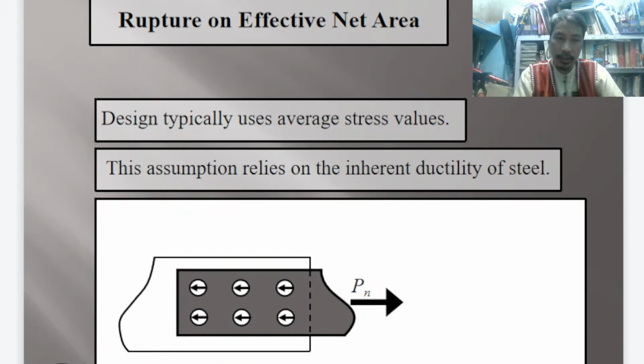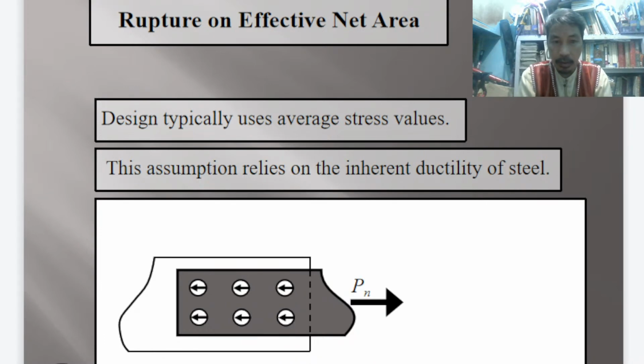Design typically uses average stress values. This assumption relies on the inherent ductility of steel. For example, you have here on your screen a connection experiencing tension, a tensile force, nominal force Pn.